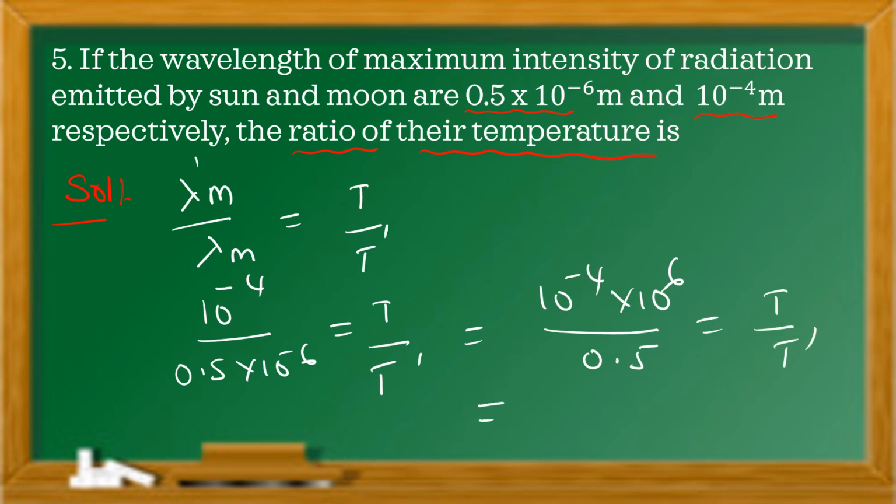Here this is 10 square by 0.5. This can also be written as 10 by 5, 5 ones, 5 twos. So T by T dash is equal to 2 × 10 square. Next we write 10 square into 2 is equal to T by T dash. 10 square is nothing but 100, into 2 is 200. So 200 is equal to T by T dash.